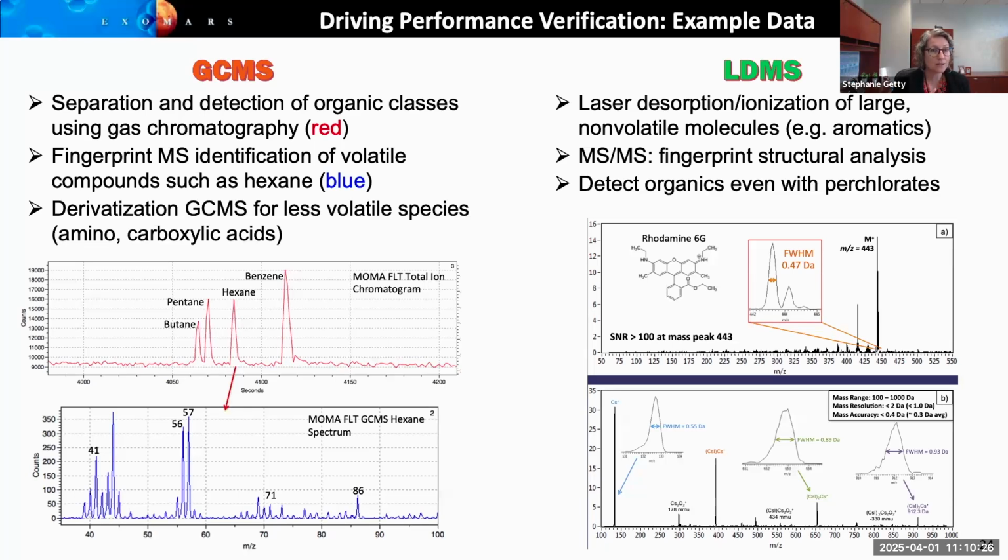But just to highlight how the GCMS and LDMS complement each other in looking at the volatile and volatilized constituents of acquired samples, conducting a vertical survey of those signatures as we go deep into the planet at Oxia Planum, and then complementary to that, the LDMS analysis, which volatilizes more complex organic molecules intact off the surface through the laser desorption ionization process.